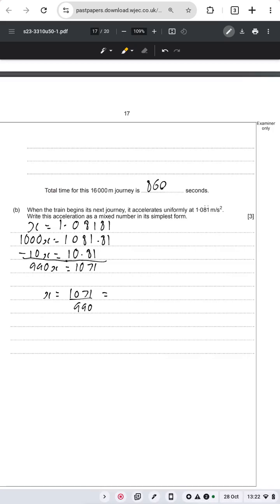To put it into a proper fraction, there's 1 whole 990 in 1071, remainder 81, so 81 over 990. 81 and 990 are divisible by 9. So 9 into 81 goes 9 times, and 9 into 990 goes 110 times. And that's the answer.